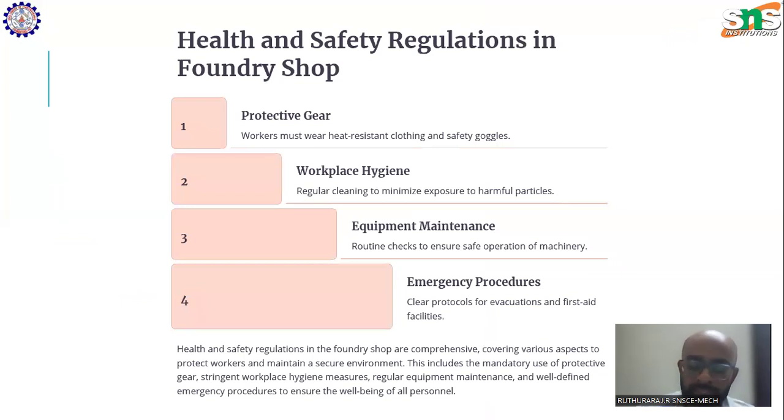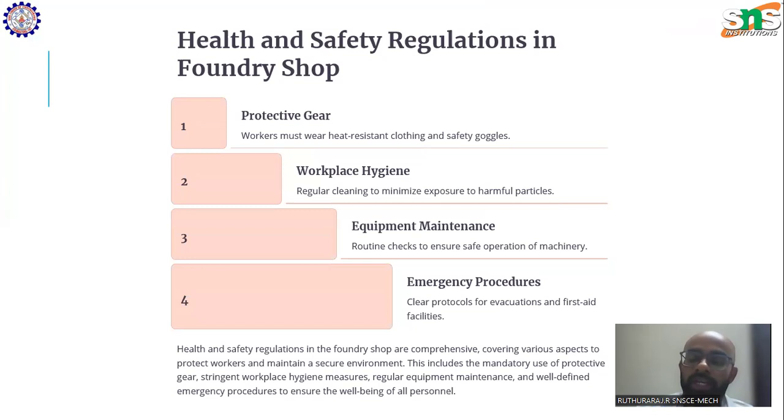So what are the health and safety regulations associated with the sand casting process? The first thing is protective gear. Since the foundry is a very hard place to work, the workers have to wear protective gear during the entire process to prevent heat burns, and to prevent dehydration and any metal spillage on them.